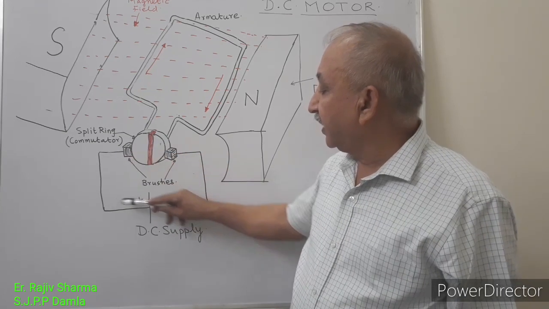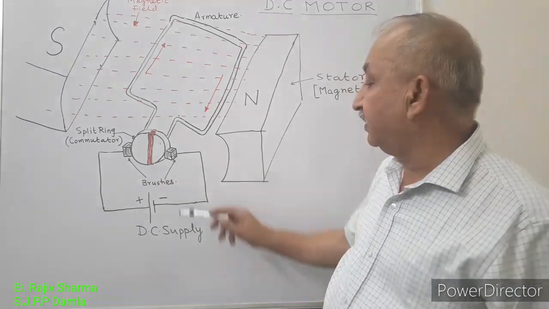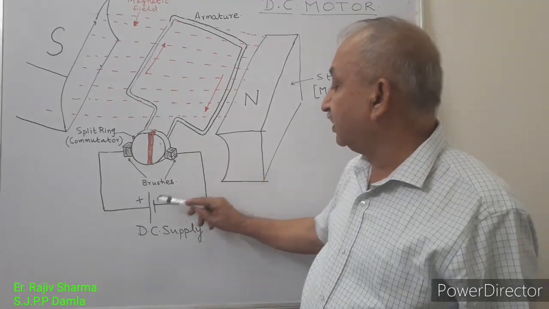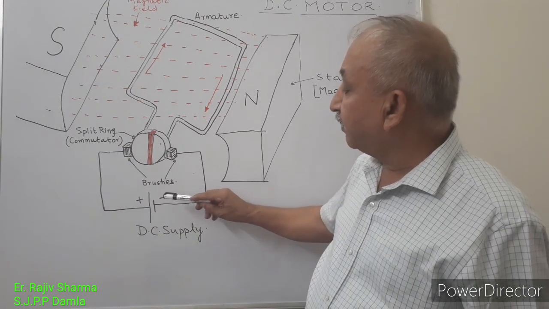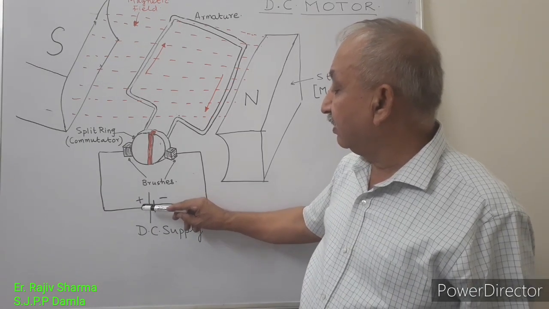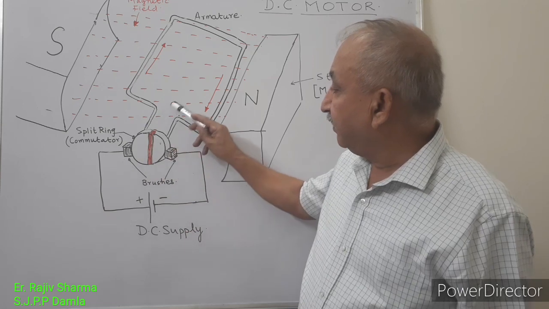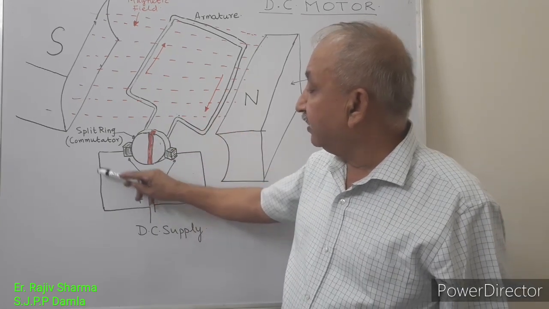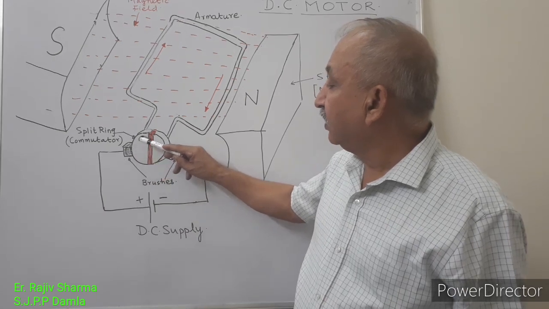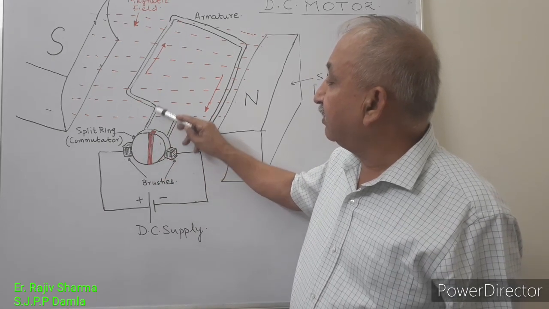One brush is connected to the positive of the battery and the other brush is connected to the negative of the battery. So when we give supply to the armature or to the conductor, the current will enter through the carbon brushes to the split ring and to the conductor.